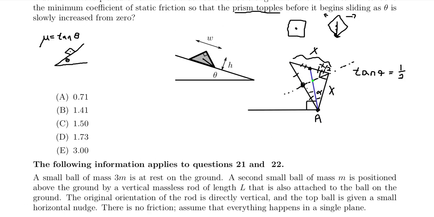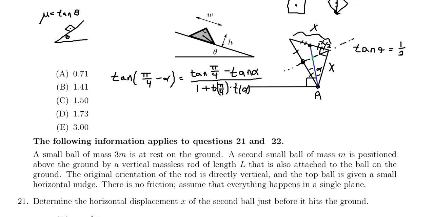We can use the tangent subtraction formula: tangent of pi over 4 minus alpha is the tangent of pi over 4 minus the tangent of alpha, divided by 1 plus tangent of pi over 4 times tangent of alpha.